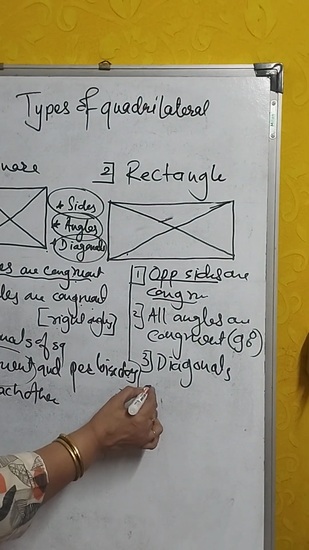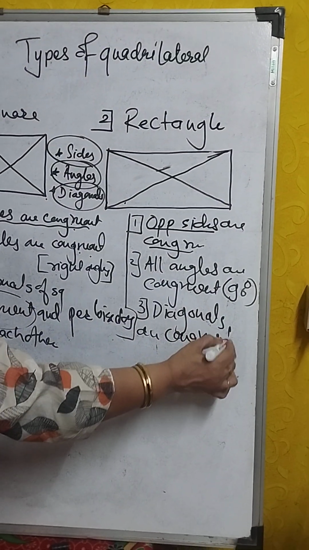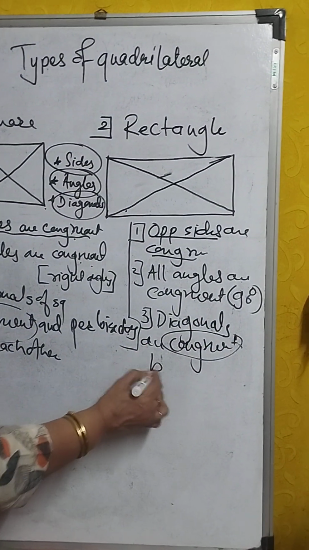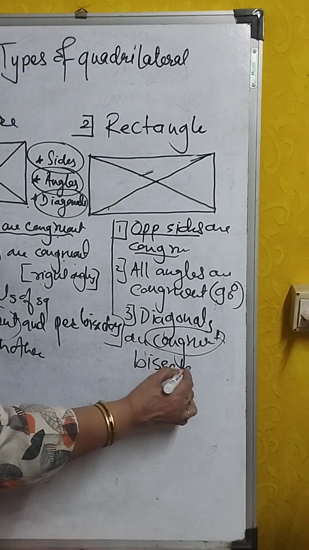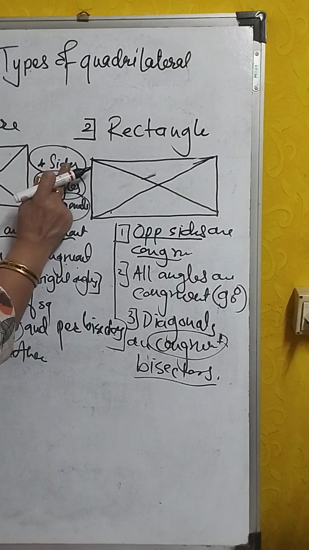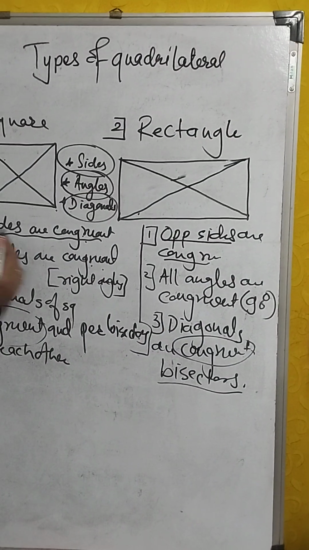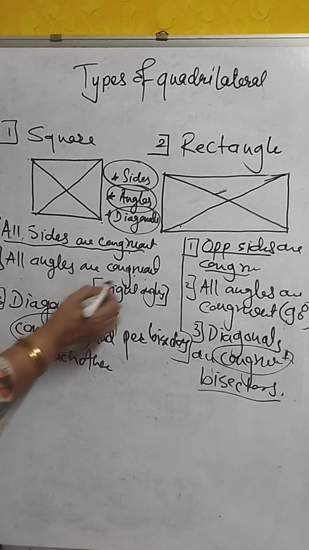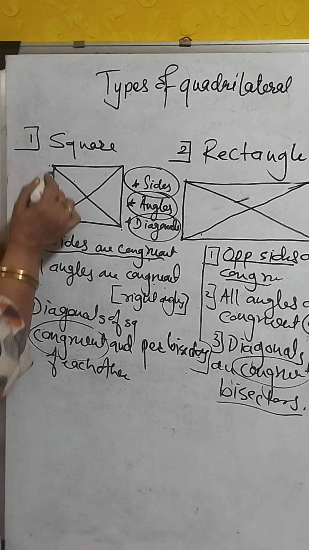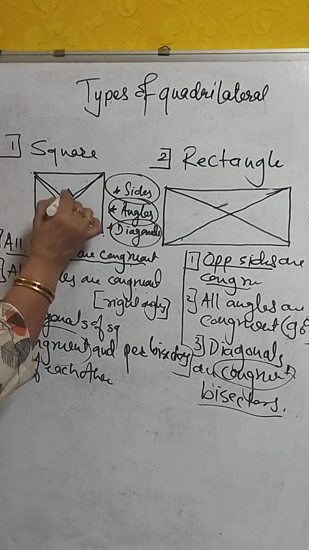See, diagonals are congruent and only bisectors, not perpendicular bisectors, remember. So how to remember? Sides, angles, diagonals. Opposite sides are congruent, all angles are of 90 degree, diagonals are congruent and bisectors of each other.